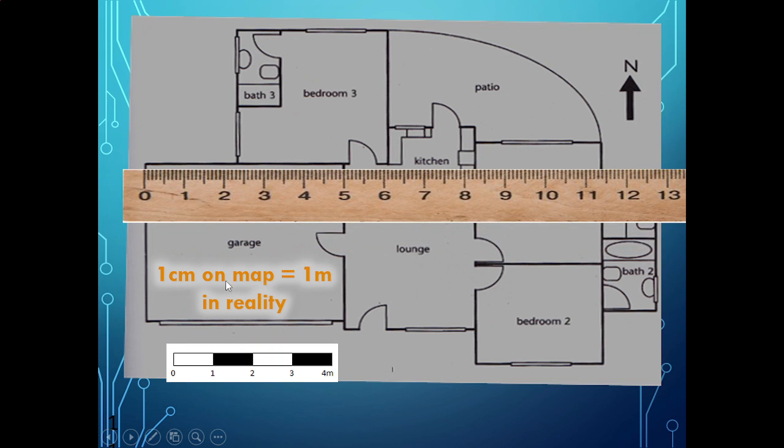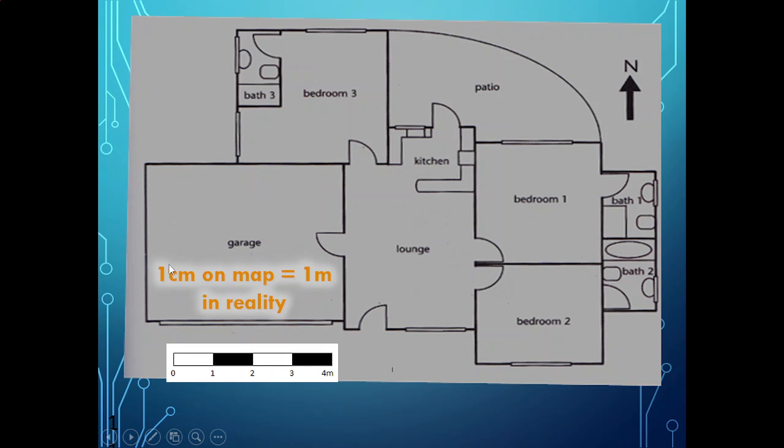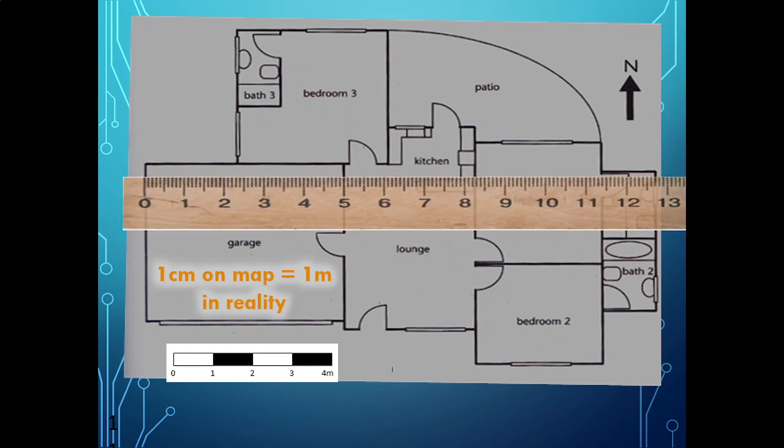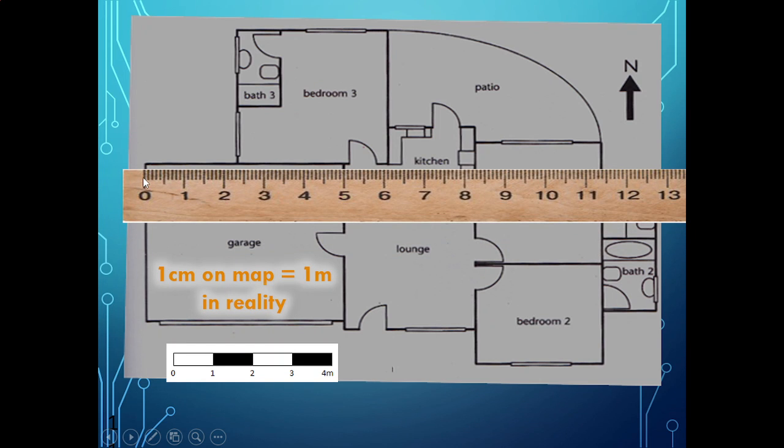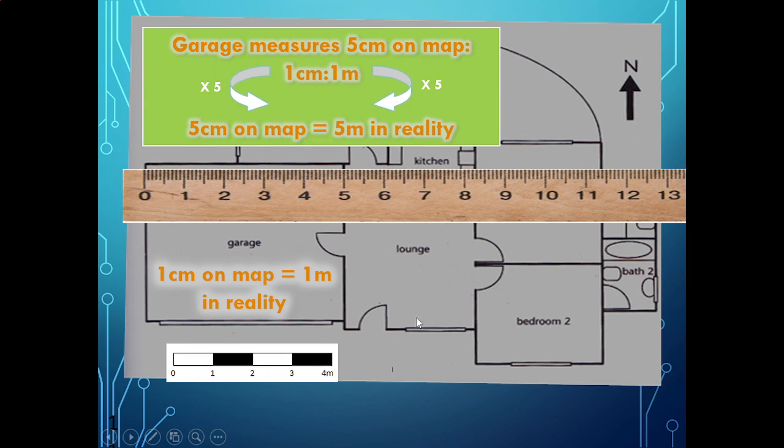So now I'm measuring the garage. Watch. Let me take the ruler away again. Here's my garage. I take a ruler and measure. The ruler says 5 centimeters. So the garage measures 5 centimeters on the map, and we know that our scale on this bar is 1 centimeter equals 1 meter.